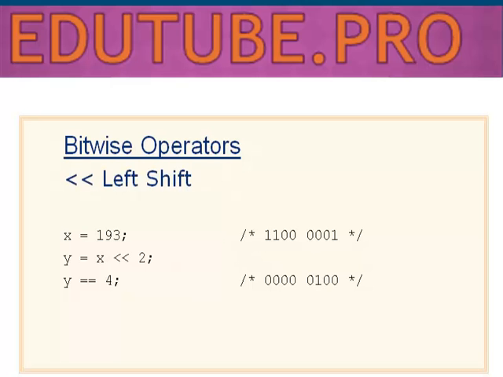Here's our bitwise operator's left shift, and what this does is cause our value to be shifted to the left as far as the bits go. In the binary format, shifted a number of bits to the left. So here we have our X is 193. There's our value, and our new value will be equal to X left shifted by 2 bits.